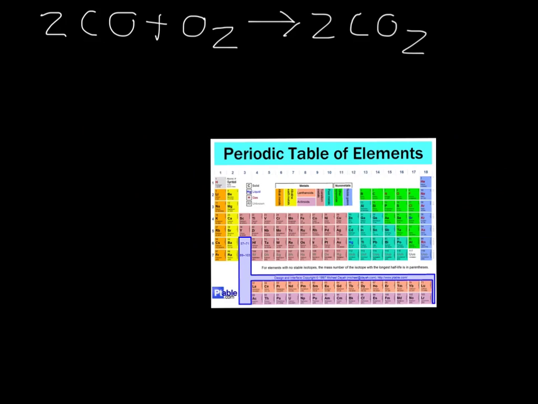Now that our equation's balanced, and we reviewed how to balance chemical equations, let's get into some stoichiometry. Typically with stoichiometry problems, they will ask you something like, if we have 56 grams of carbon monoxide, or CO, how many grams of oxygen, or molecular oxygen, O2, would we need in order to use up all of our carbon monoxide so that we don't have anything left over between the two of those?